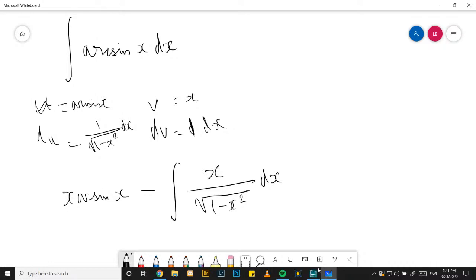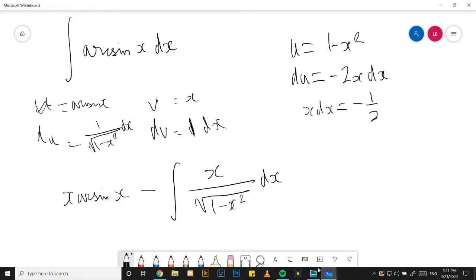We can make u equal to 1 minus x squared, and in that sense, du/dx is equal to negative 2x. So du is equal to negative 2x dx. Therefore, x dx is equal to negative half du.